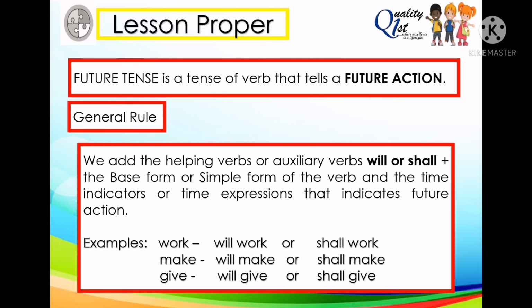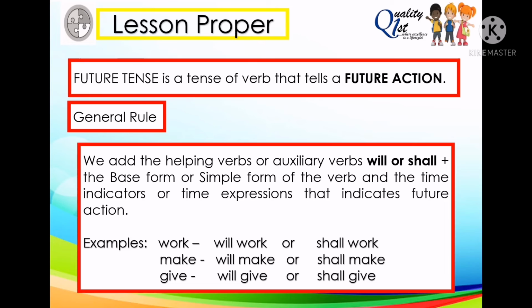We add the helping verbs or auxiliary verbs will or shall plus the base form or simple form of the verb and the time indicators or time expressions that indicate future action. Okay? Now, let's have the examples.